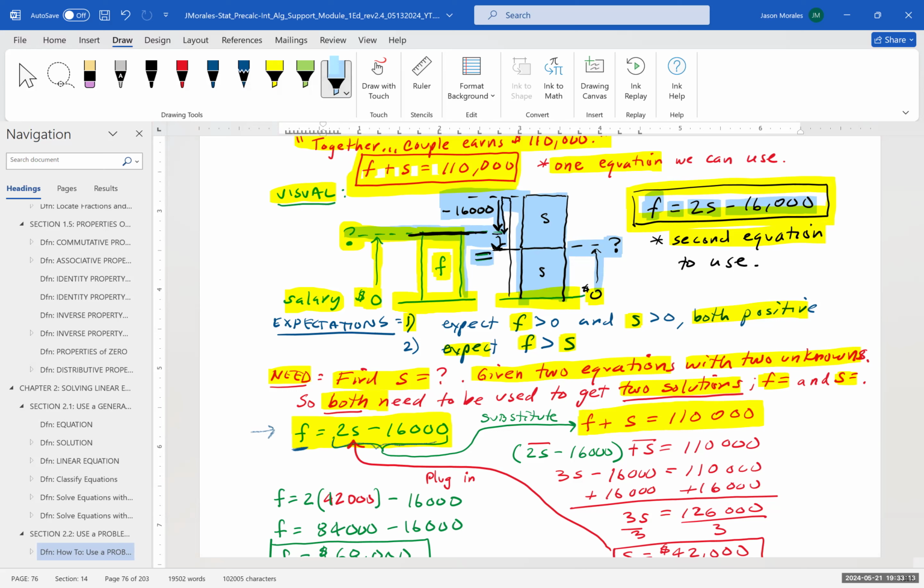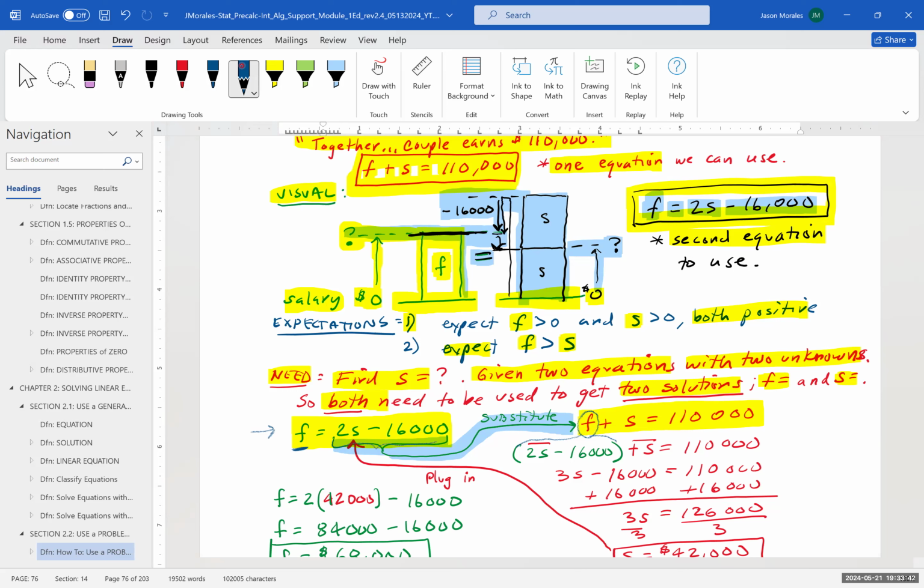And that's what I've done: I've taken this expression and brought it over and substituted it into this second equation. And since that first equation was in green, I also kept this substituted part in green for F.